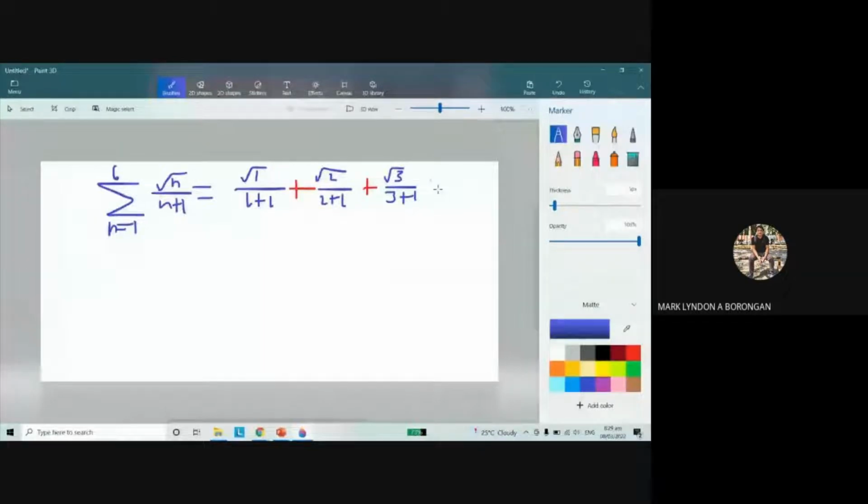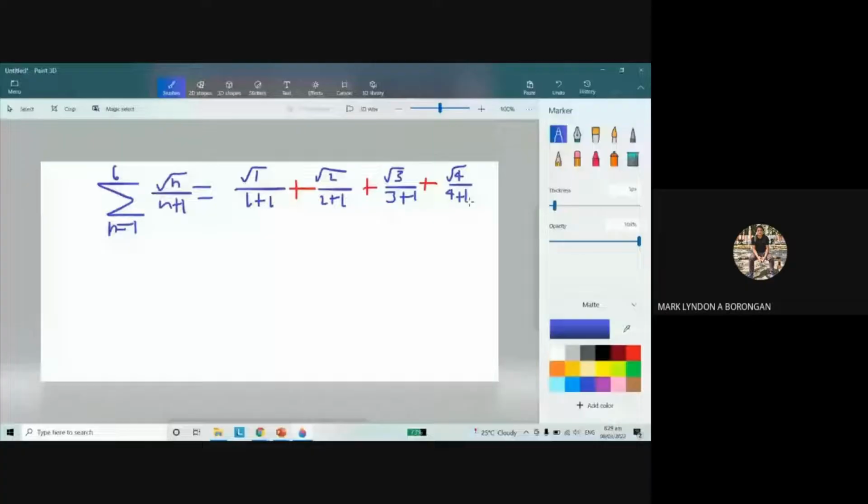The square root of 4 will be equal to 4 plus 1 na po siya. And add na po ta diri balik. So, diari na po kay 5, divided by 5 plus 1. Dayon diari kay the square root of 6 all over 6 plus 1.